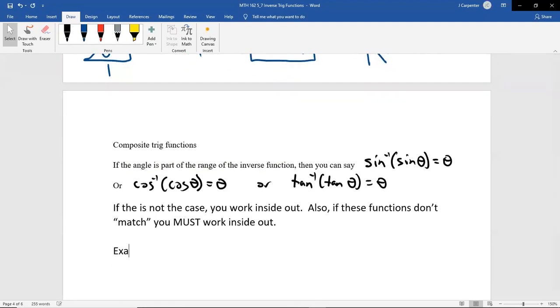So that'll bring us to example 3. Evaluate. And for A, we're going to have the inverse sine of the sine of pi over 4.